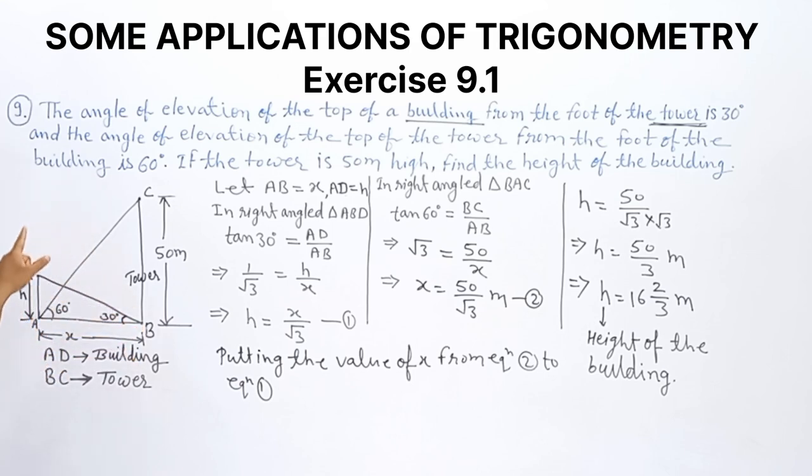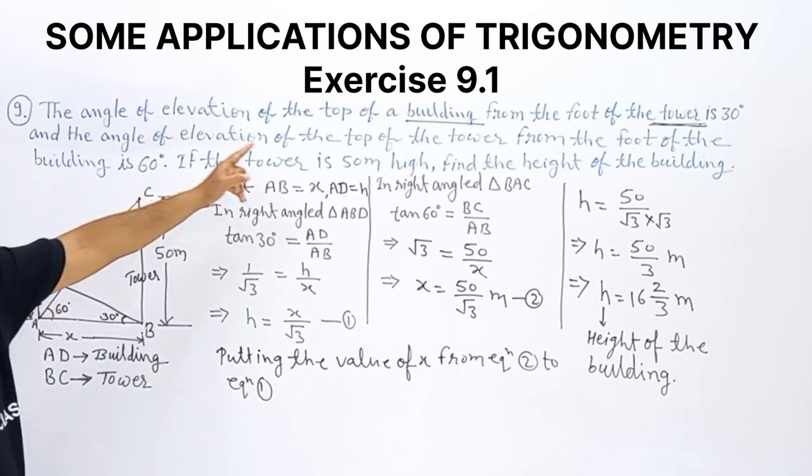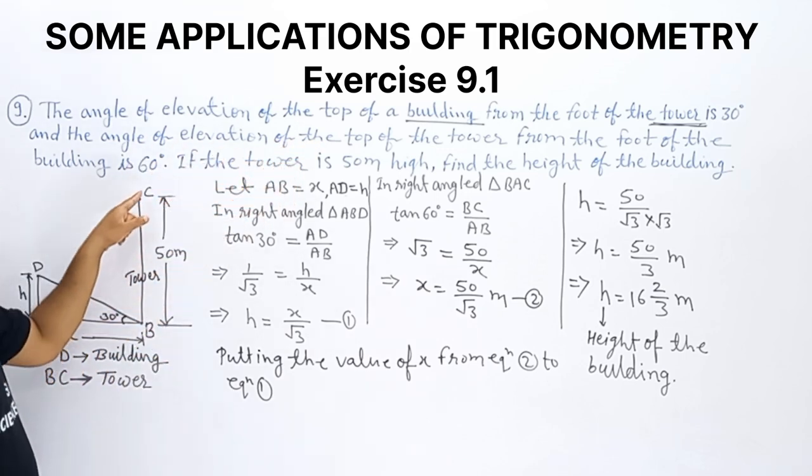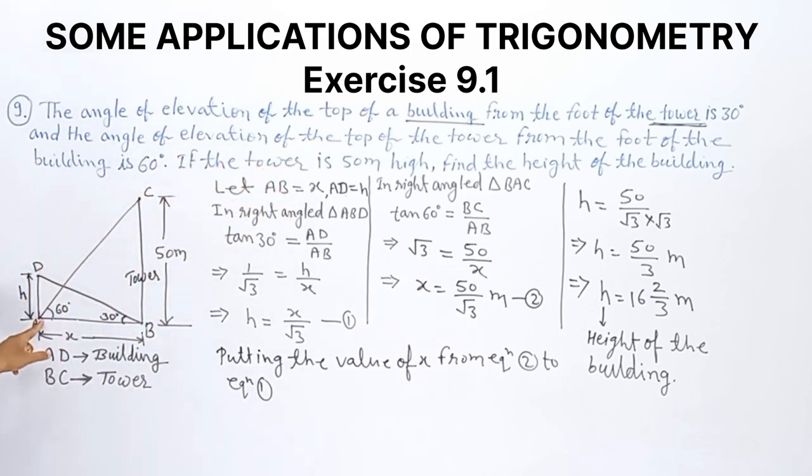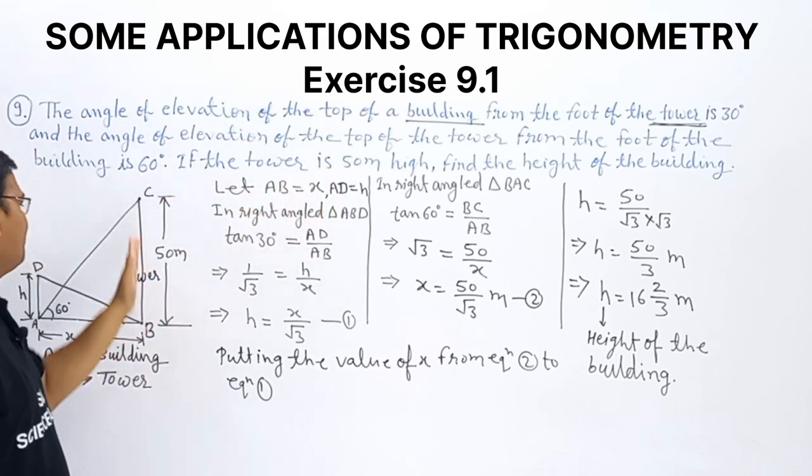The angle of elevation of the top of the building from the foot of the tower is 30 degree, and the angle of elevation of the top of the tower from the foot of the building is 60 degree. These things we have in the question. One thing is also there, the height of the tower is 50 meter.